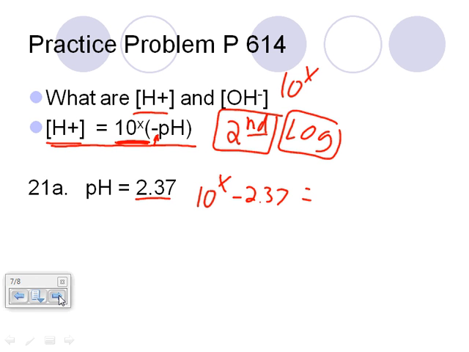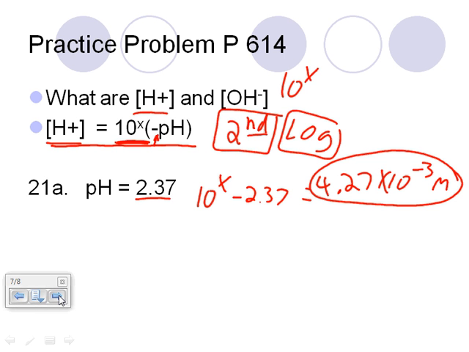Press our equal sign, and we'll get our answer. Our answer for this one is 4.27 times 10 to the minus 3 molar. So there's our answer right there. Inverse log of the negative pH.